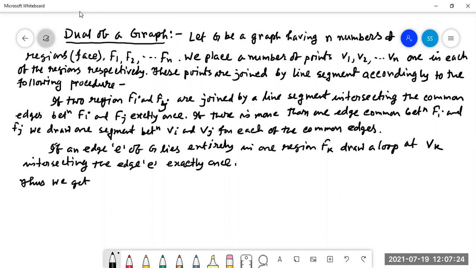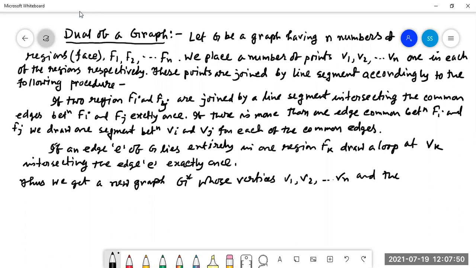Thus we get a new graph G star, whose vertices are V1, V2, Vn, and the line segments joining these are edges.